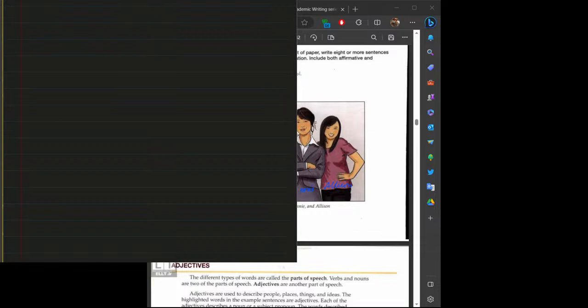Work with a partner on a sheet of paper. Write 8 or more sentences about the Kim sisters. Use your imagination. Include both affirmative and negative verbs in your sentences.